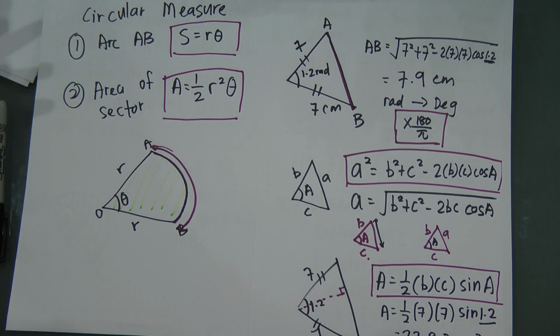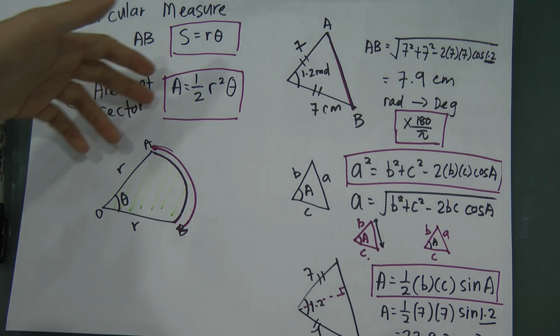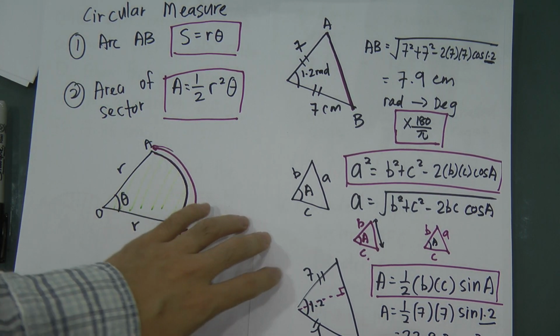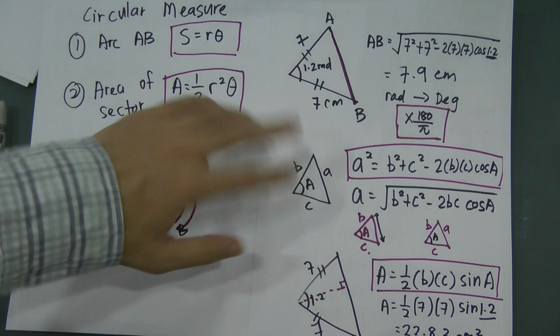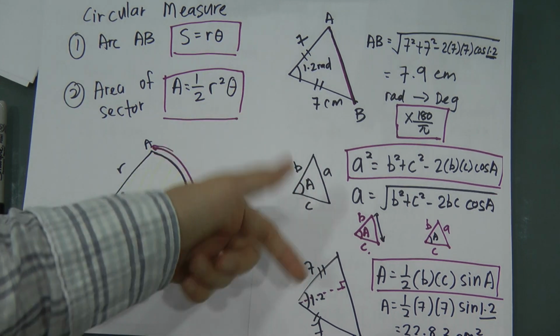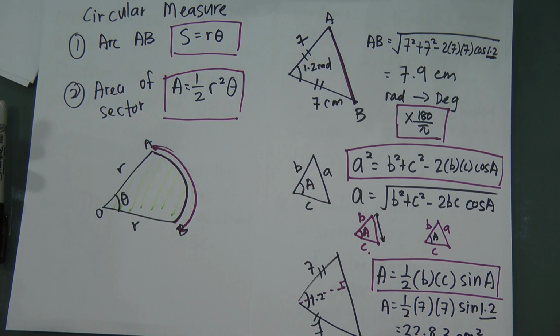It's the same thing, you just need to change the value. And the area of the sector is 1/2 R squared theta. It's very simple. Just remember these two formulas, even if the exam gives them. Memorizing them is very good for you, especially when you want to solve chapters like solution of triangles.